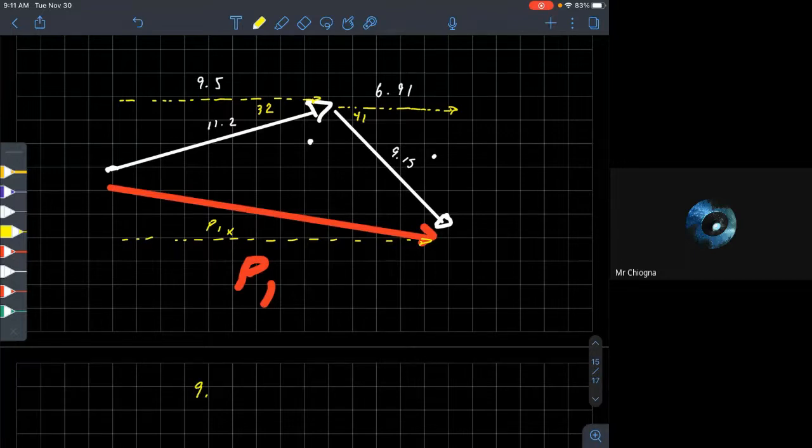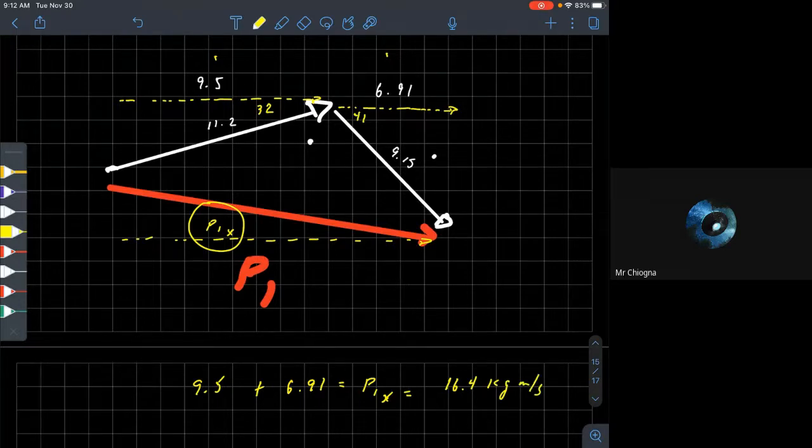You have 9.5, this one plus this one, is equal to what? P1X. This should be an X here. 6.91 plus 9.5 is 16.4.